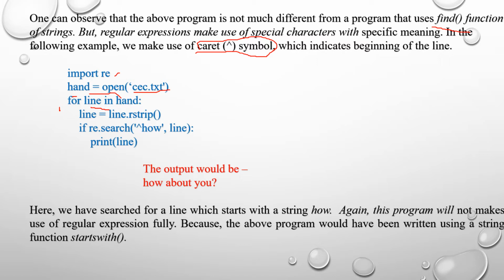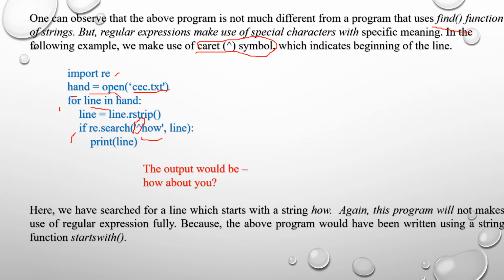After that I am going to use rstrip on line, which returns the string without trailing space. Here I am declaring one condition, where I am going to search for how in line, using the caret symbol.